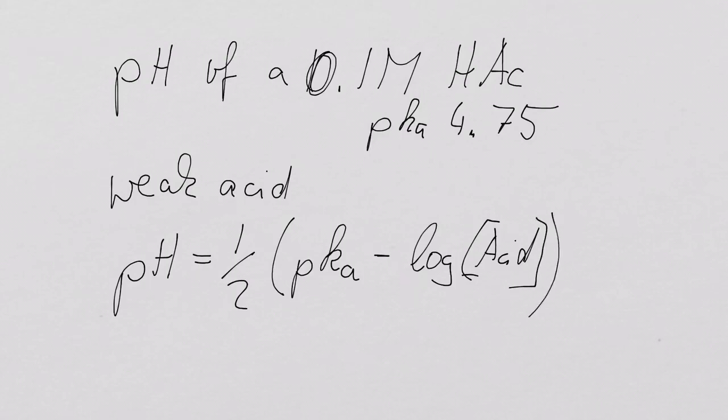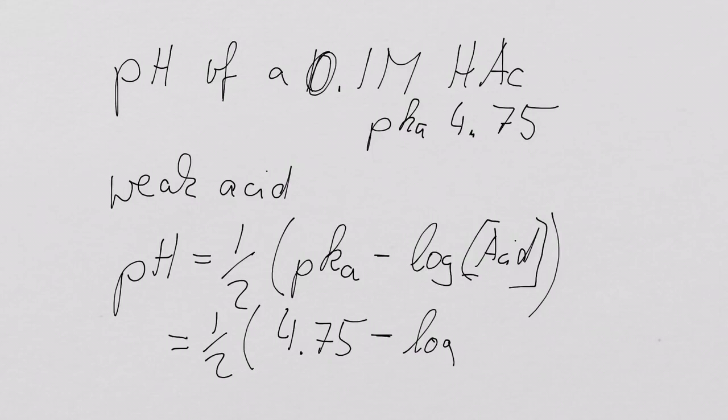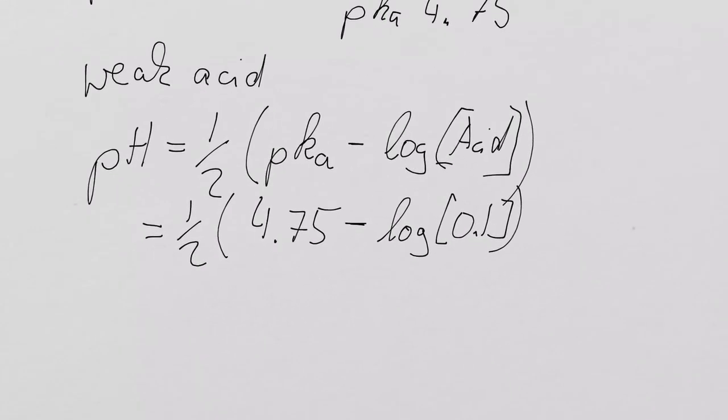So, we have half of 4.75 minus log of 0.1, which equals half of 4.75 minus log of 0.1, which is minus 1.